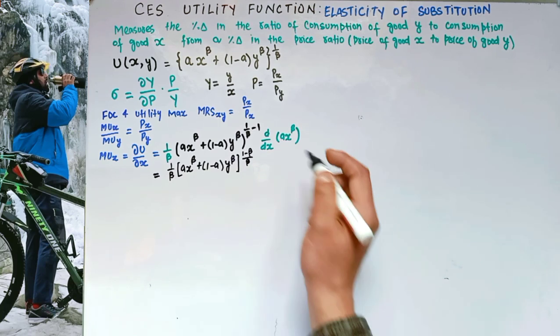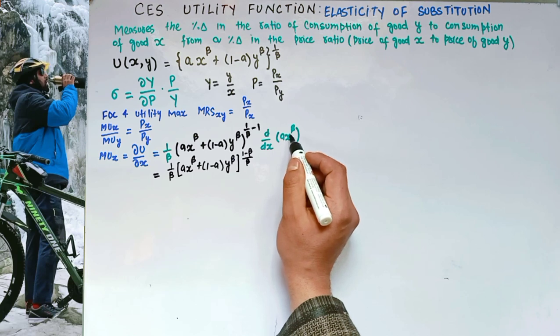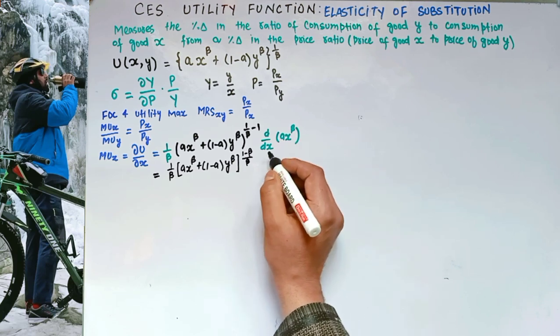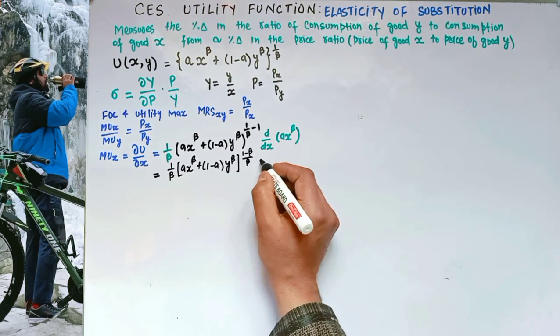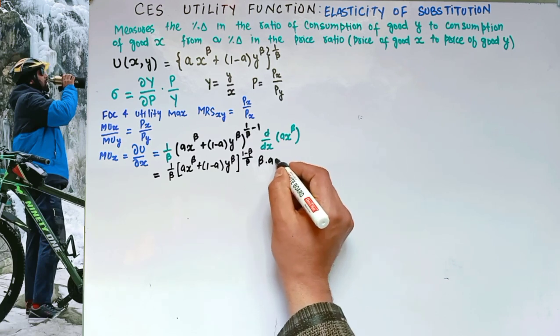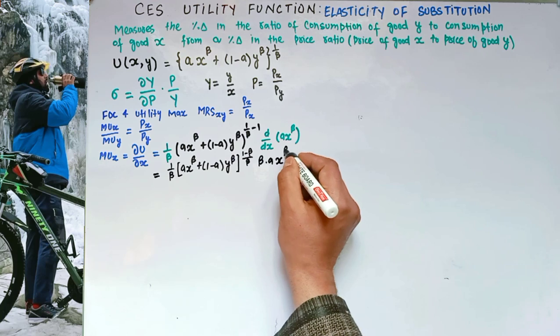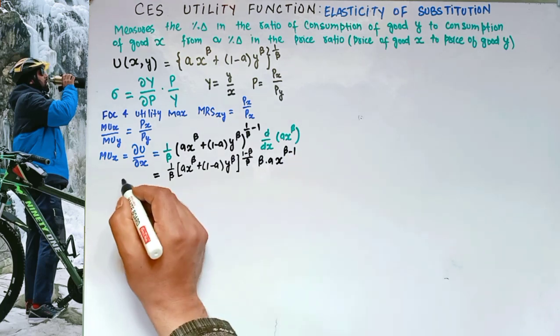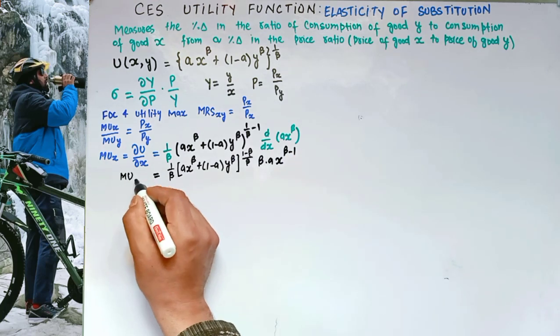Then the derivative of X term: this beta will become a coefficient, so we will have beta times A X raised to the power beta minus 1. So this is our marginal utility of X.